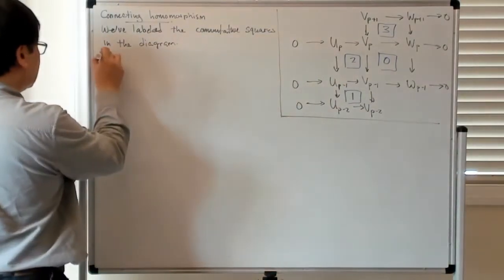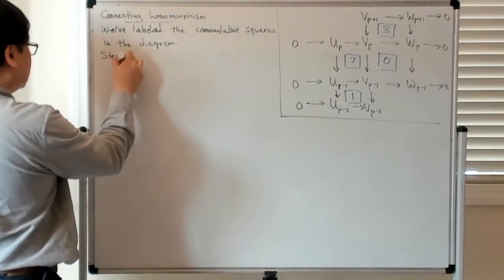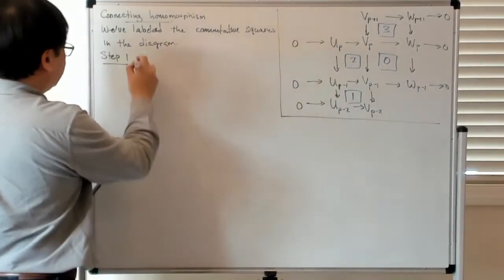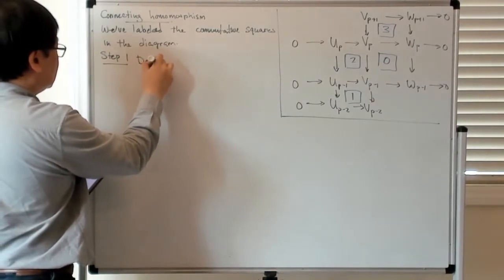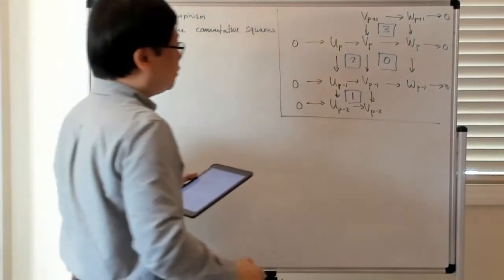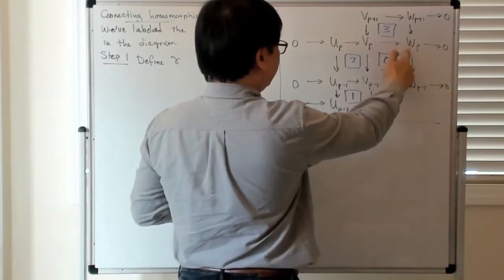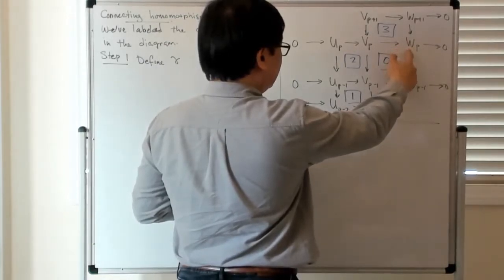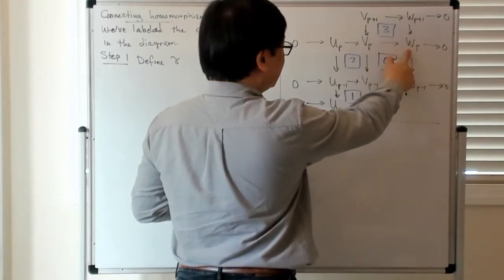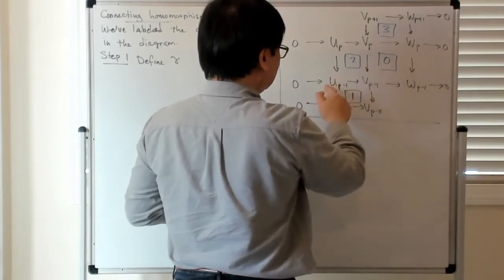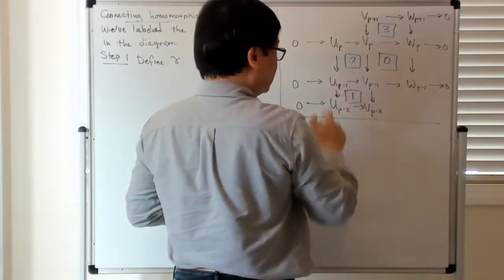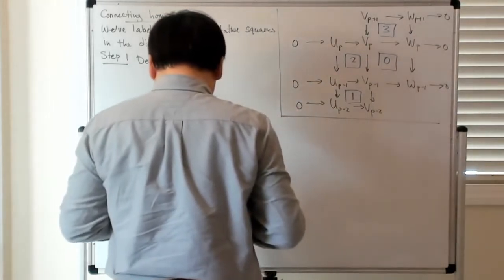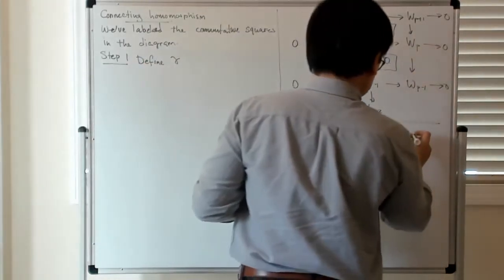Okay, so let's define this in several steps. I'm going to choose a gamma. Essentially, I'm going to snake from a generator of homology in W_p back to something in U_{p-1}. So let's think of it this way.